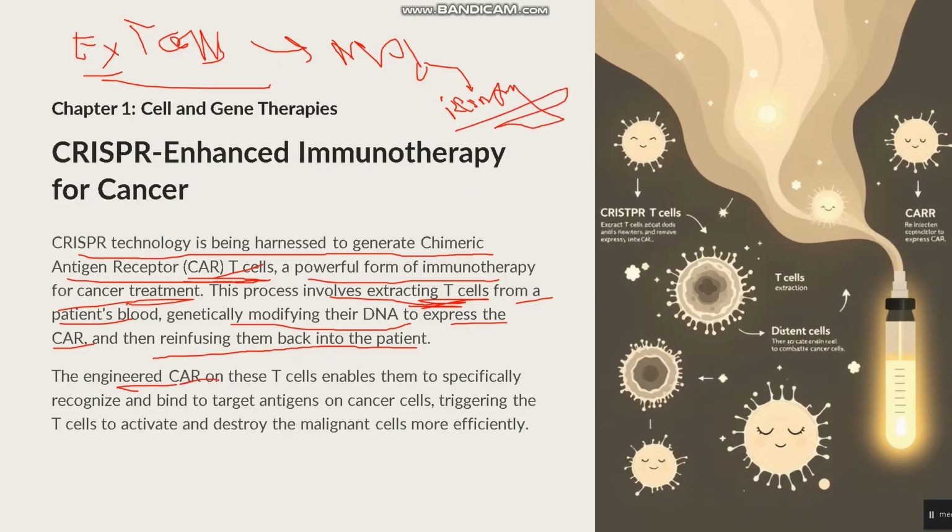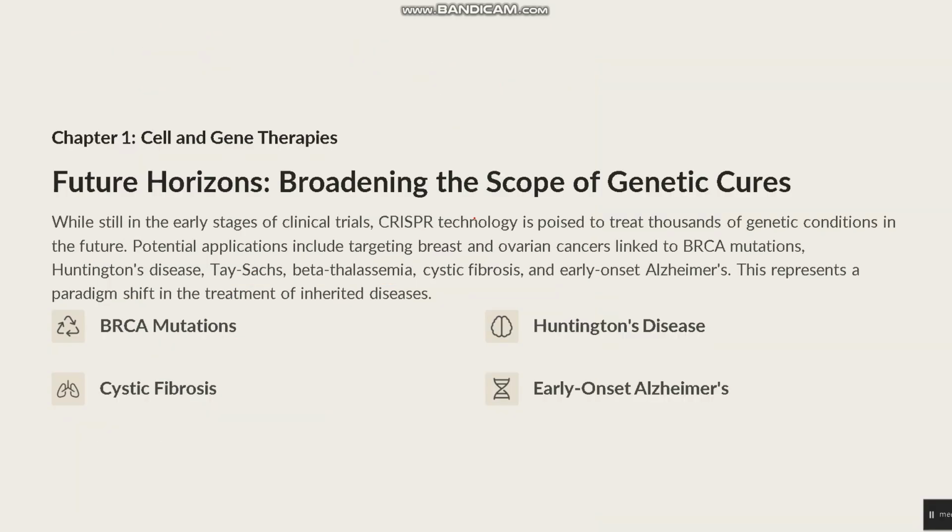This engineered CAR on these T cells increases their specificity and enables them to bind to the target antigens on the cancer cells, triggering the T cells to activate and destroy the malignant cells more efficiently. So, future horizons: broadening the scope of genetic cures.